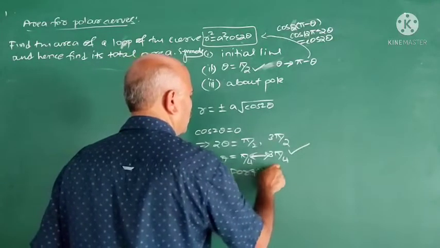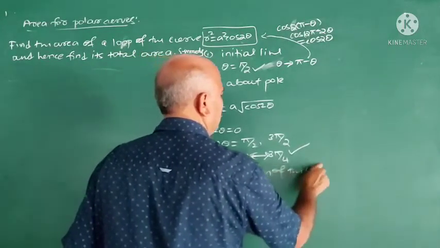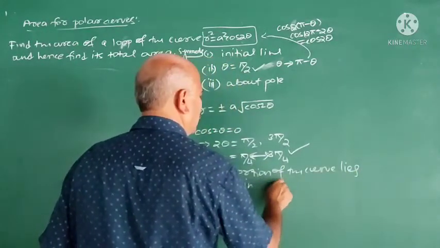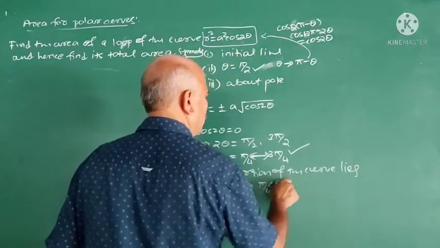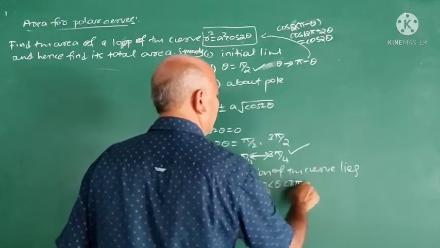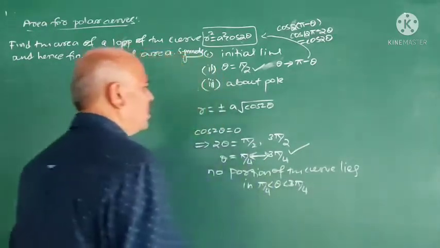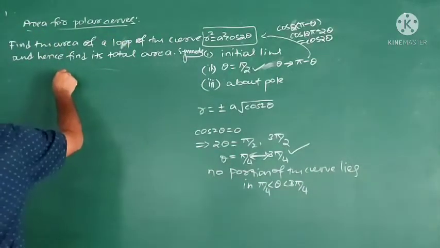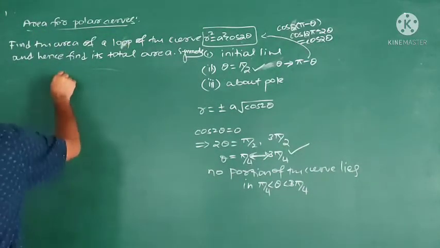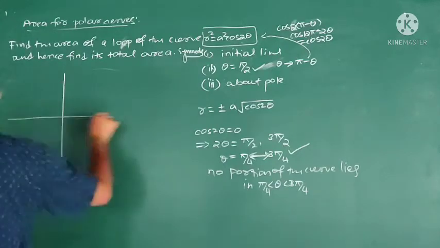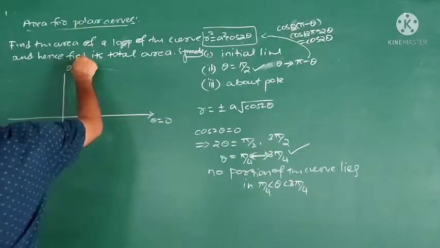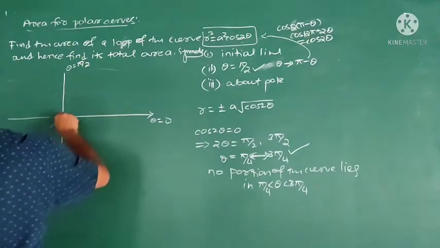No portion of the curve lies in the region greater than pi by 4 and less than 3 pi by 4. Now I think these two are sufficient here to trace the curve. I take the initial line, theta is 0, theta is pi by 2, theta is pi by 4.